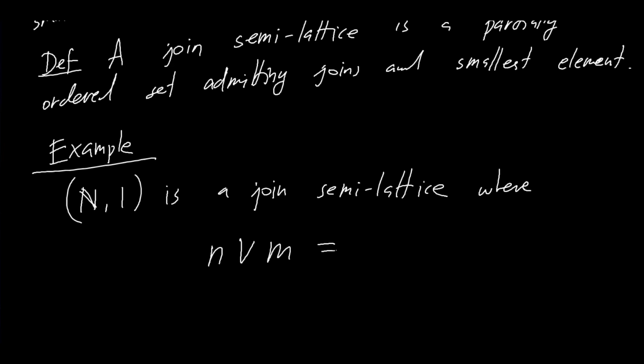The division of n and m, right? It results in something that's less than both n and m, doesn't it? That's one problem. The other problem is that sometimes it's not even defined. It has to be a natural number.